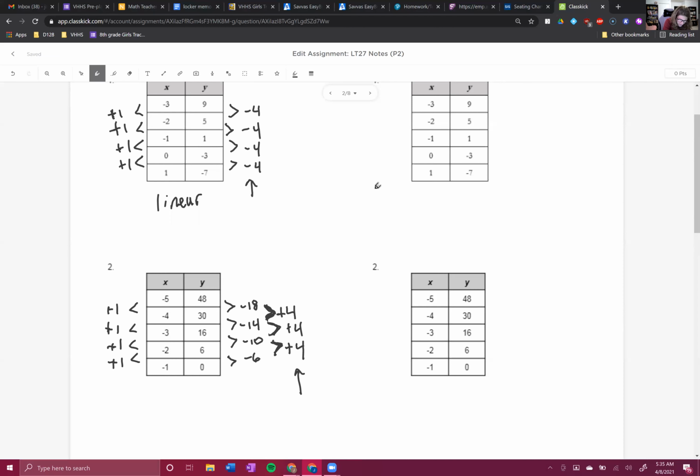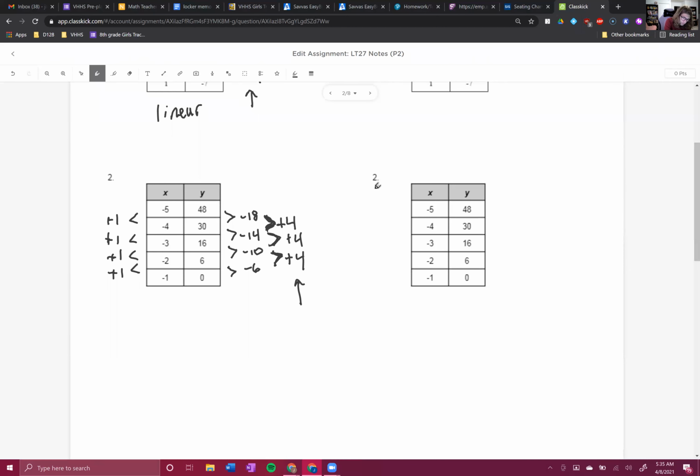And we see this second difference is the same. Therefore, we would say that this table represents a quadratic relationship. So hopefully you got that.